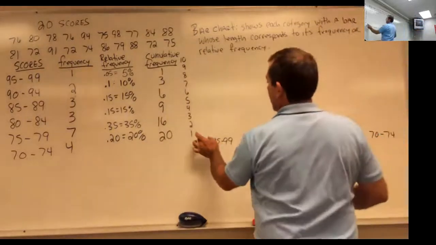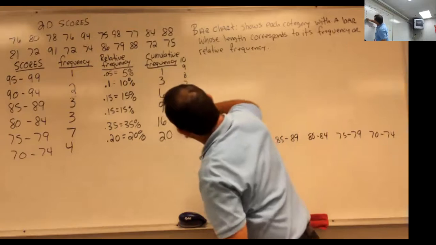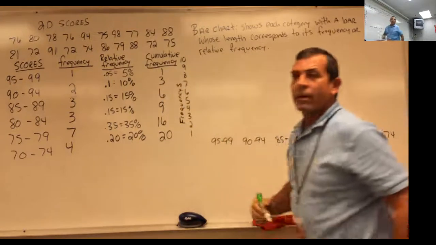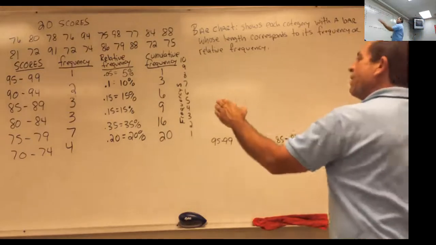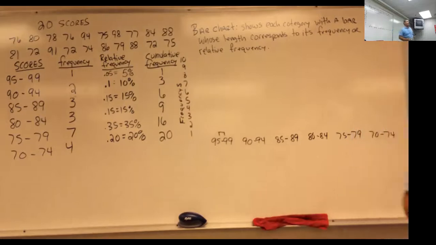So over here, it would say the frequencies, because that's what I'm looking at on these. So for 95 to 99, my bar would come up to the 1 and it's going to stop.